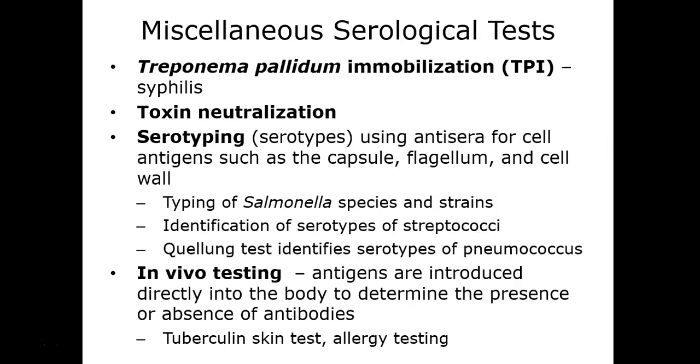That lets us know that somebody was exposed at some point to tuberculosis. It doesn't necessarily mean that the person has an active case. The same kind of test is done with allergy testing as well, where we inject a little bit of the antigen under the surface of the skin and look for a rash and puffiness.